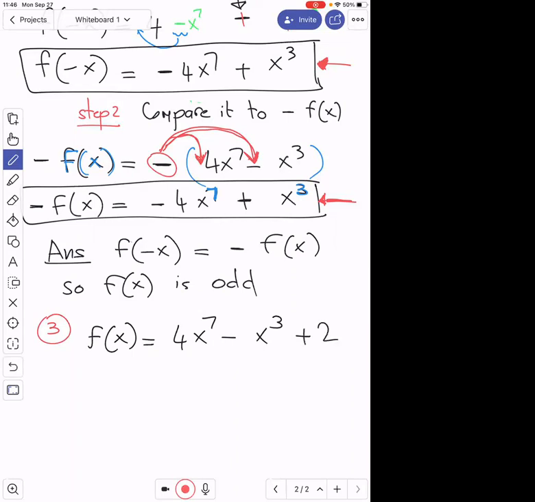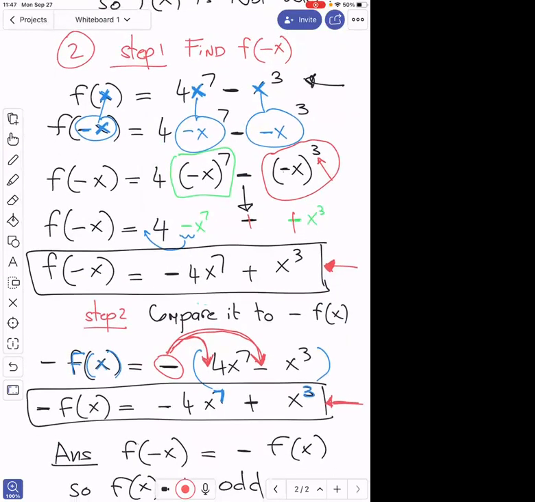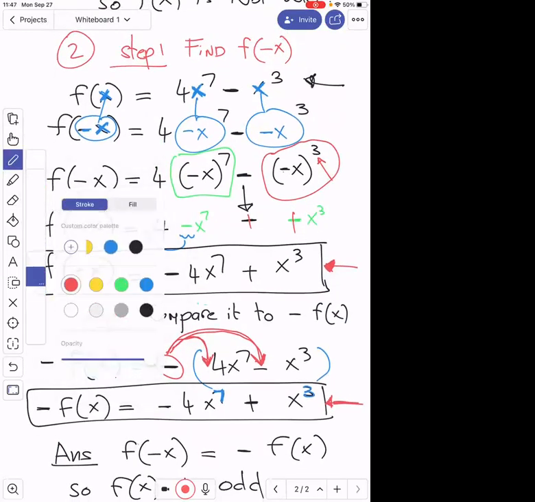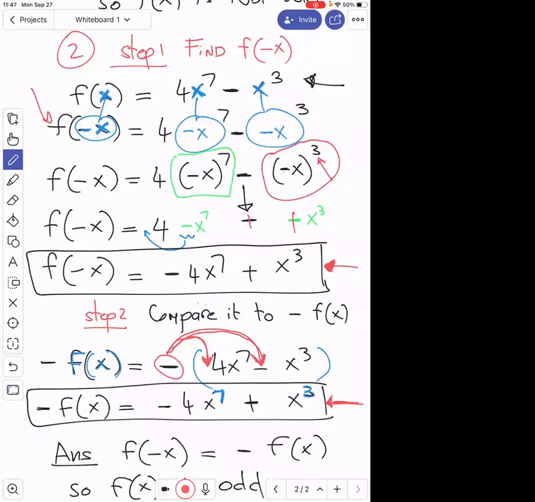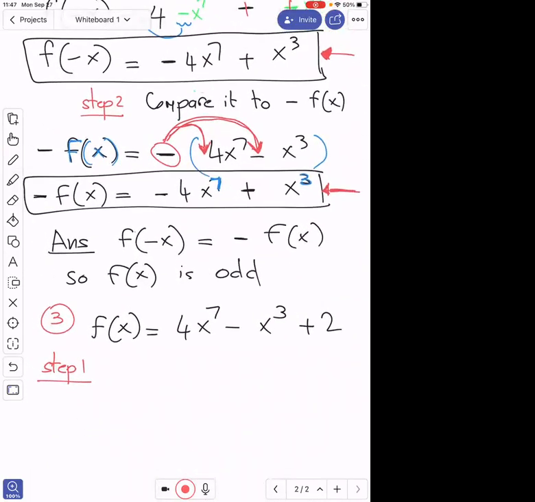When you do f of minus x, step 1, you just replace x by minus x. This is almost the same as we did in the previous example, but then you have this +2. But in +2, there's no x, so you don't really change the +2. You just keep the +2. It's just the same thing.